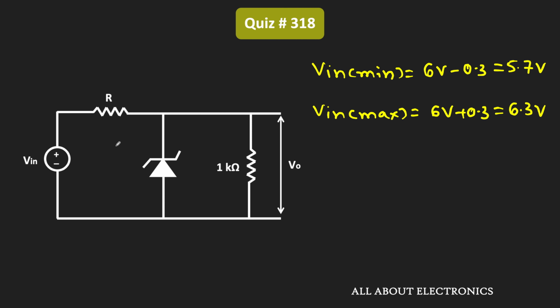Now here, the value of R should be selected such that when the input is minimum, at that time also, the current which is supplied by the source voltage is at least equal to Is minimum.